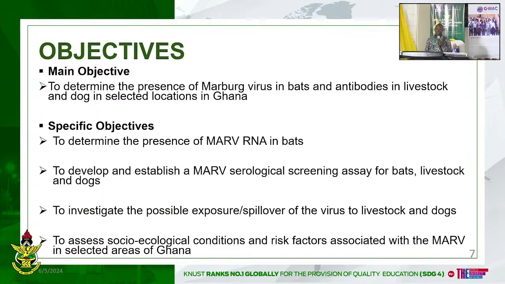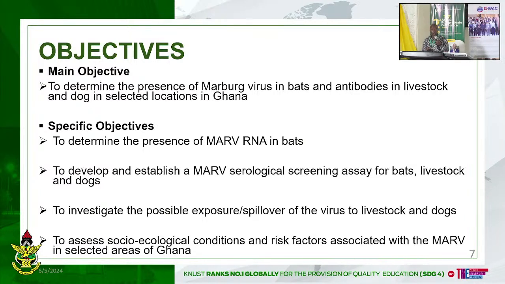So my main objective for this study is to determine the presence of Marburg virus in bats and also the antibodies in livestock and dogs in some selected areas in Ghana. Specifically, we will determine the presence of the RNA in tissues in bats.